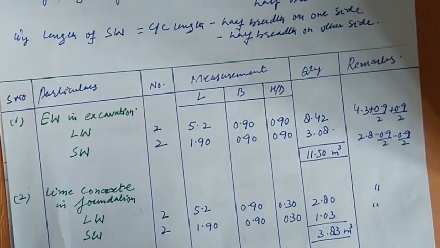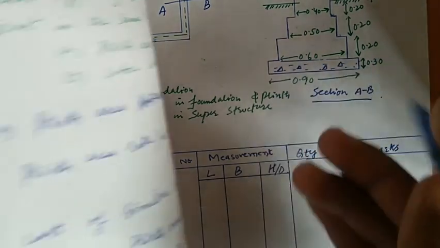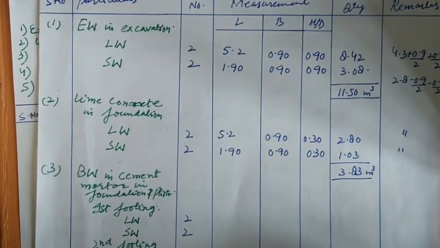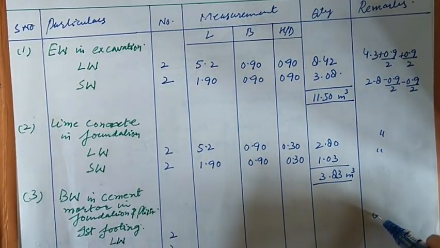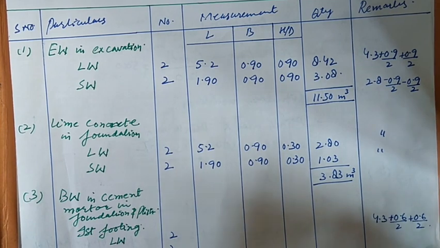if you see here, this is our first footing, the breadth is 0.60. The long wall originally is 4.3. So let me write there 4.3 for long wall. I will add 0.6 by 2 plus 0.6 by 2.